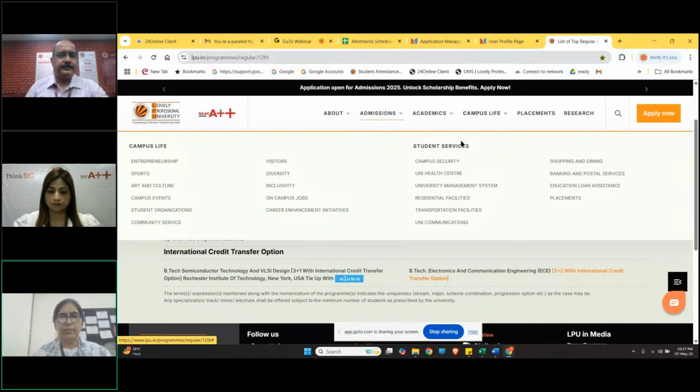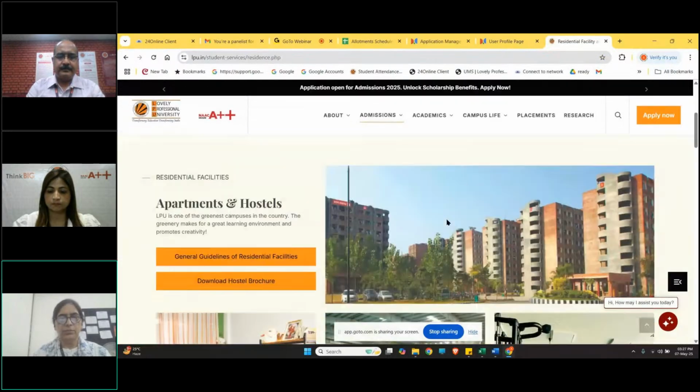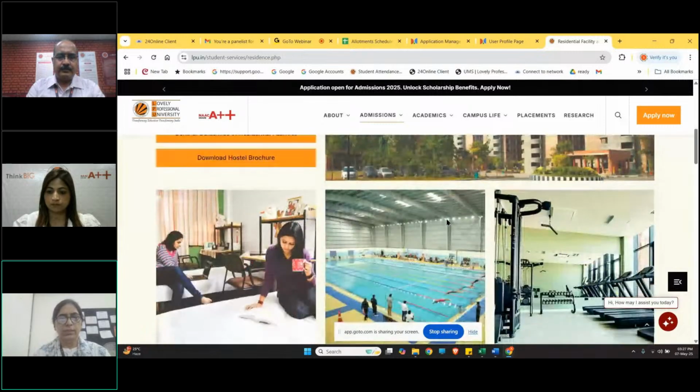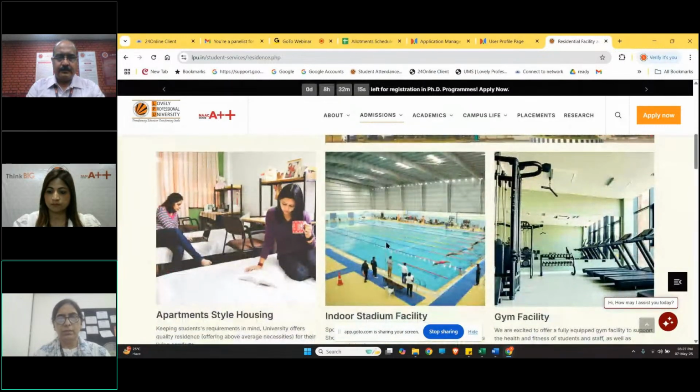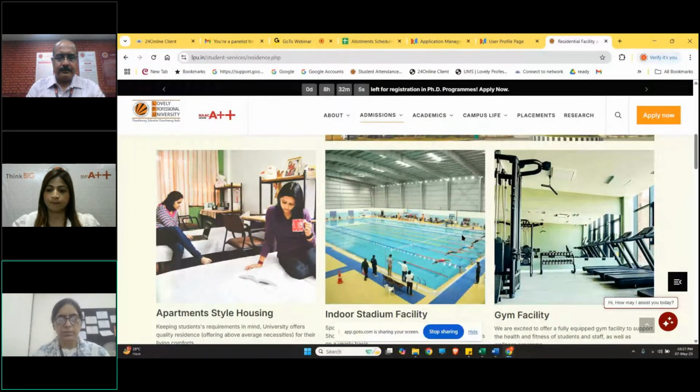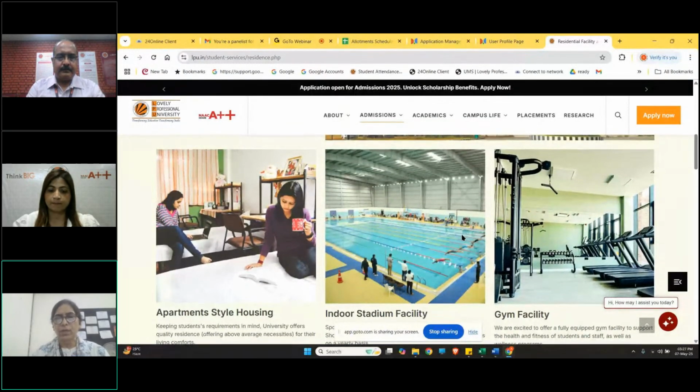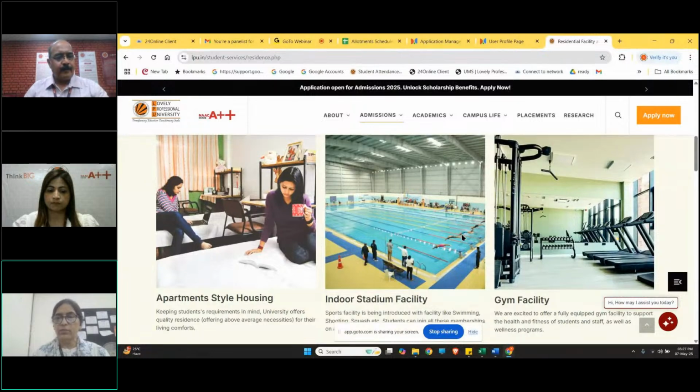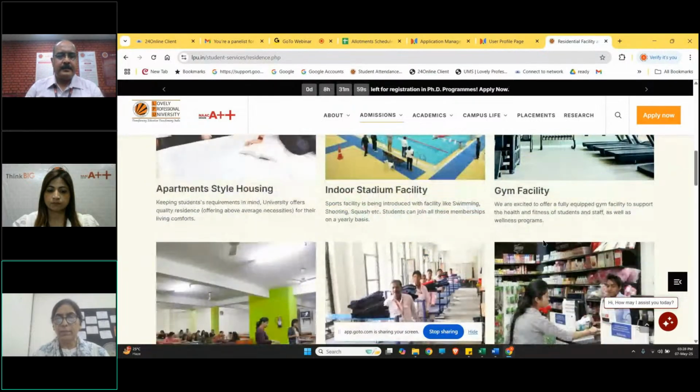In campus life, you can select the residential facility. So these are our hostels. These are glimpses of our residential facility rooms and all the facilities. Sports and other activities are also conducted in our residential facility hostels. And the gym facility is also available.